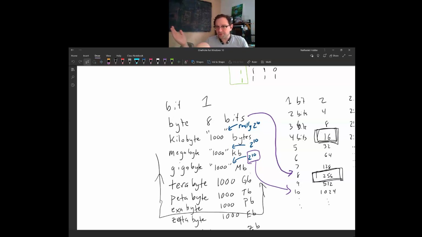Browse through your computer, right-click on files, look at the properties, and see how big the file is. That's the operating system telling you how much space it's physically taking up on some device. So I think this is a good place to start.